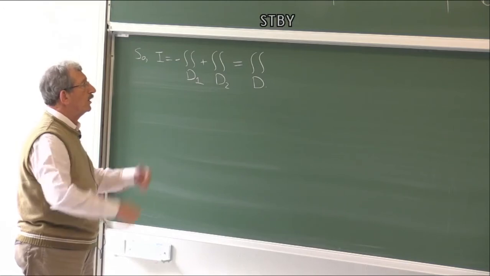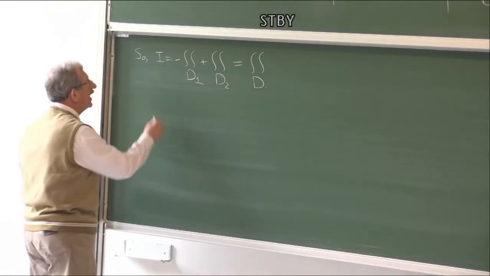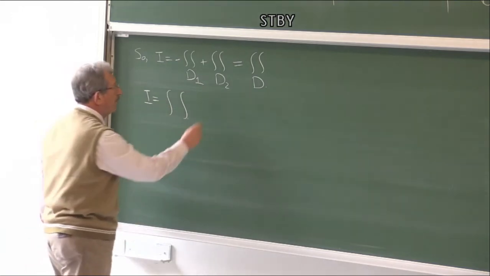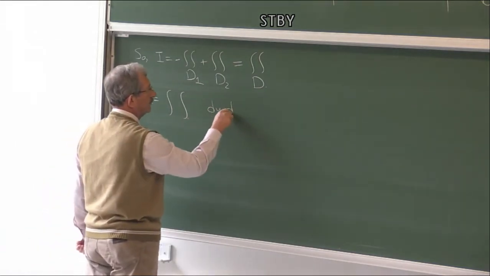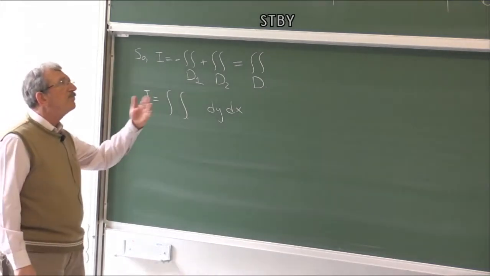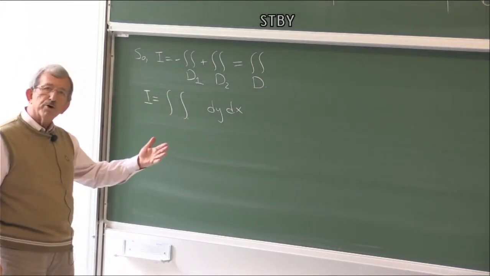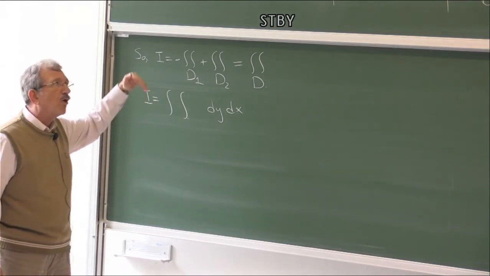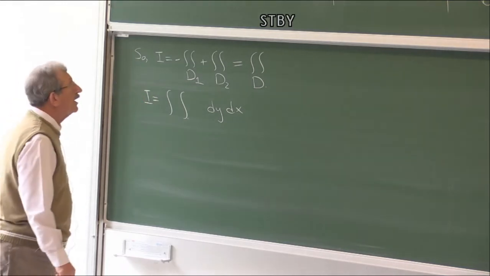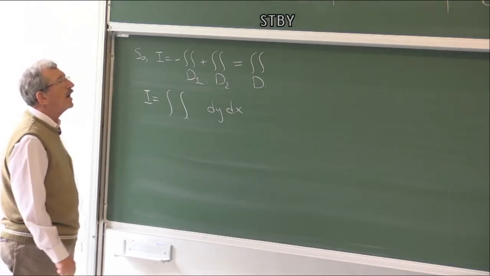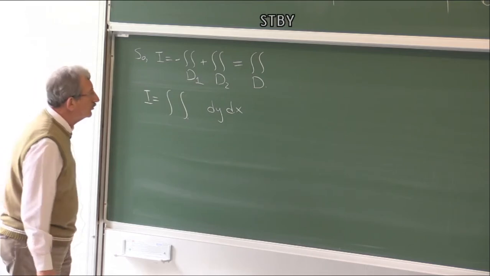Well, knowing what D is, we can now write I simply with respect to y first. Because D is a simple region with respect to y first. That is, if you look upwards, you have a first curve, the parabola, and then a last curve, a horizontal line, and x changes from 0 to 2.